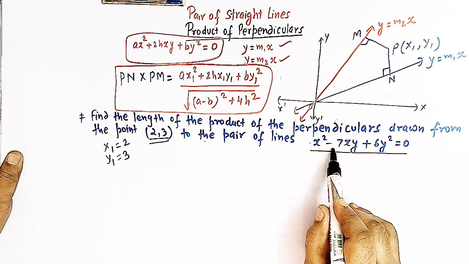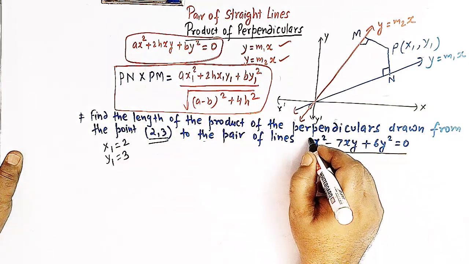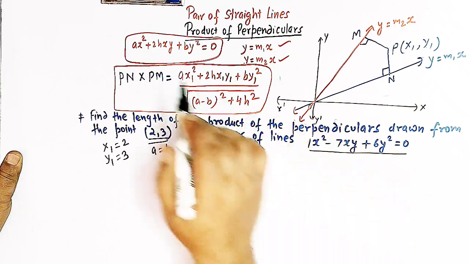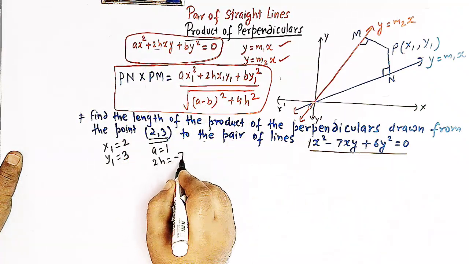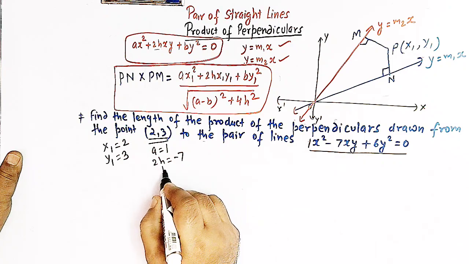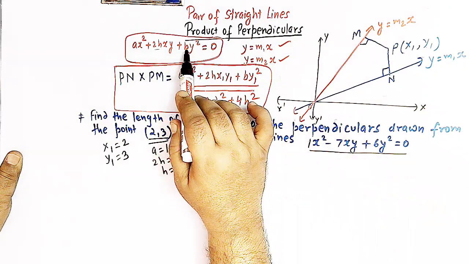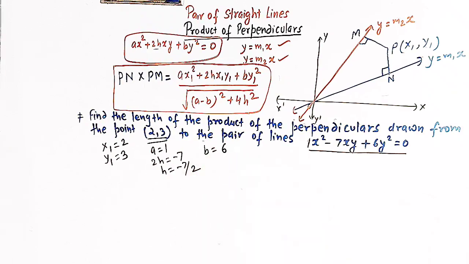Comparing this equation with the general one, the value of a is 1. The value of 2h is minus 7, so h is minus 7 over 2, and the value of b is 6.